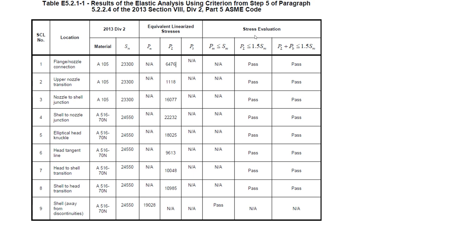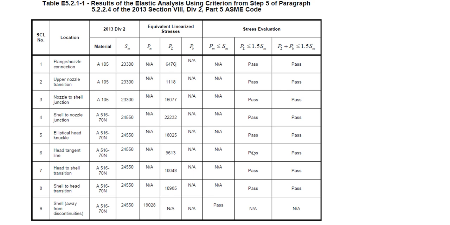The evaluation criteria is that primary membrane should be less than the allowable, local membrane should be less than 1.5 times the allowable, and membrane plus bending shall be less than 1.5 times the allowable. So the evaluation is done.